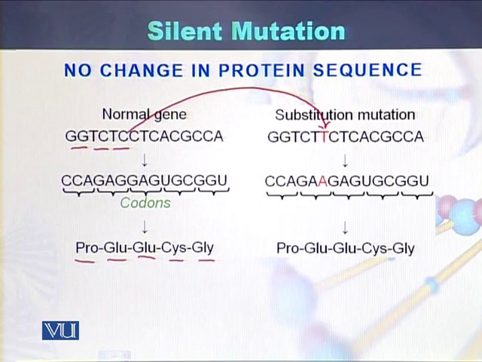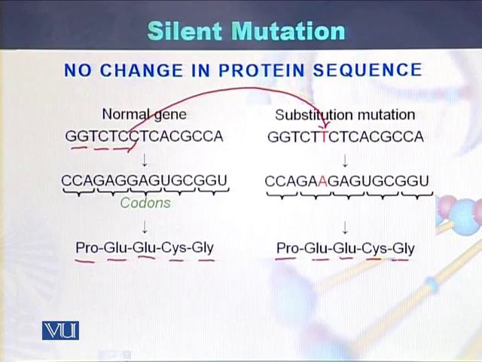So at the DNA level, there is a change in the nucleotide. As a result, we see that the sequence of the amino acids remains the same: proline, cysteine, glycine. So there is a change at the DNA level, but no change at the protein level.